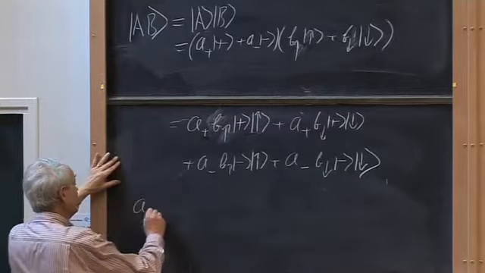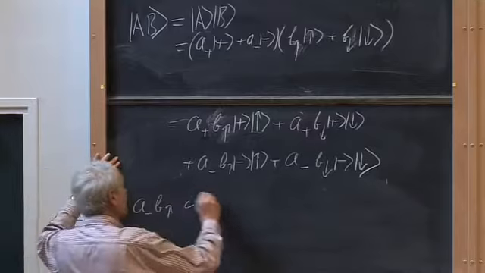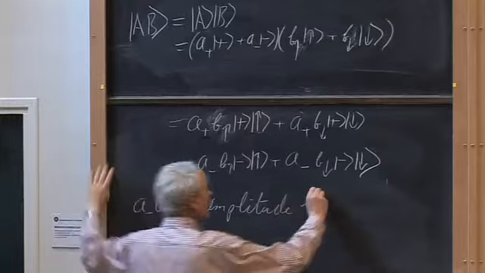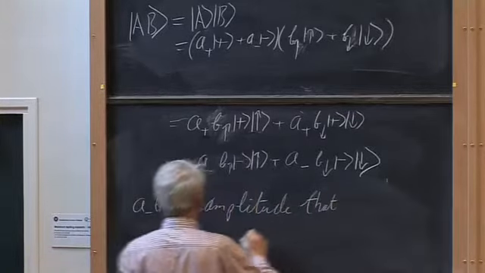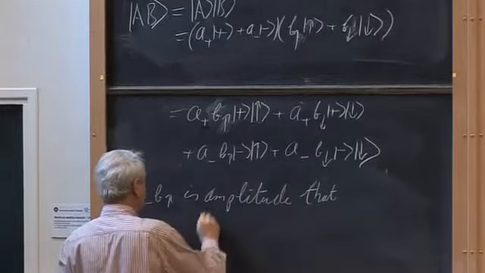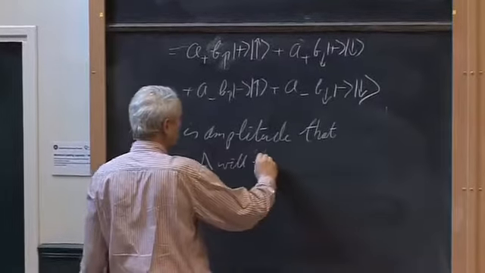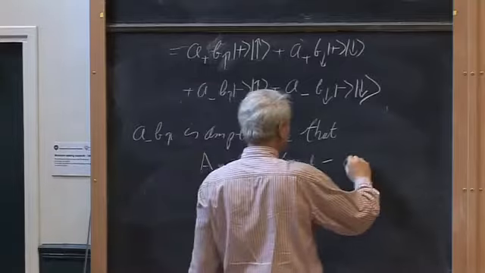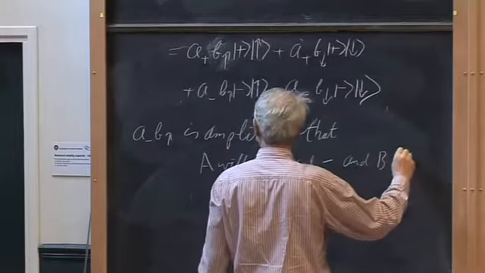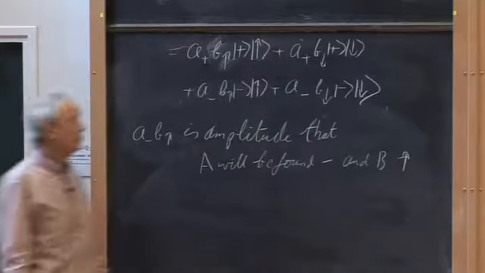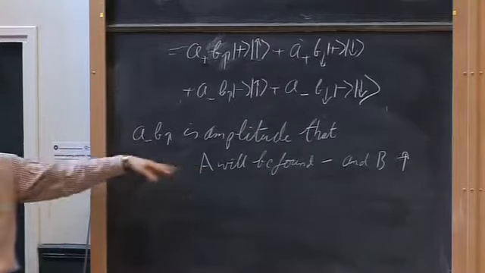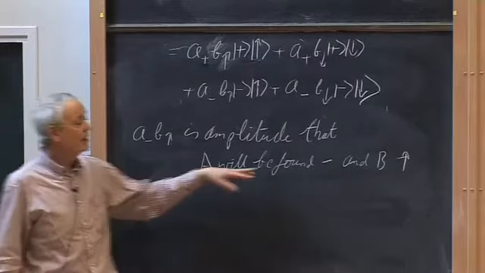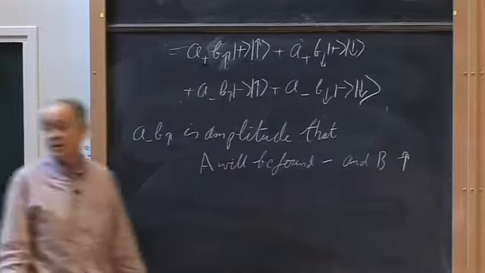So, for example, A minus B plus is the amplitude that A will be found minus and B, what did I say, up. So take the mod square of this, you get the probability of the experiment to measure A's property, and B's property will be these particular values.